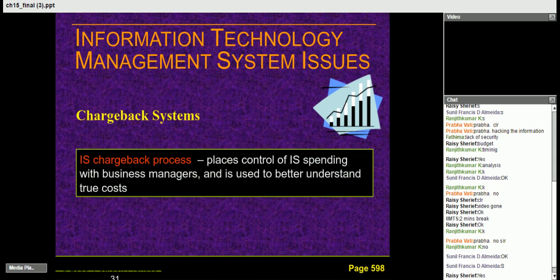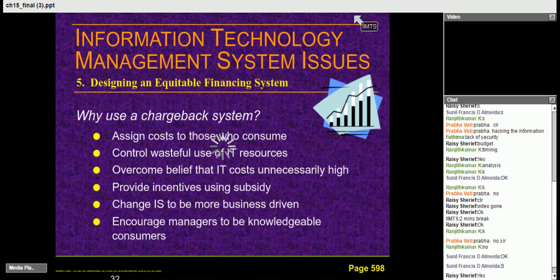Then chargeback systems. They place control of IS spending with business managers and are used to better understand true costs. Then why use a chargeback system?